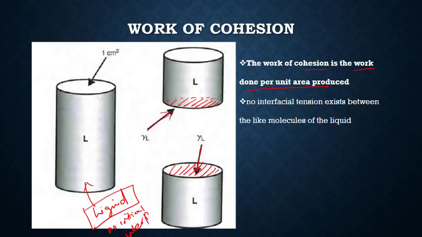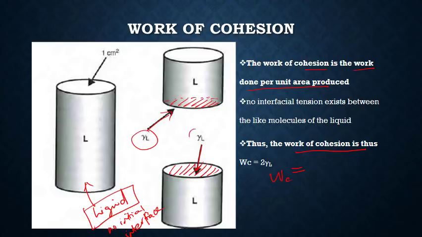So in that case, the work of cohesion is equal to the two newly generated areas, this one and this one. In this case, the two newly generated surfaces are the surface tension of liquid plus the surface tension of liquid. It is equal to 2 times the surface tension of liquid.